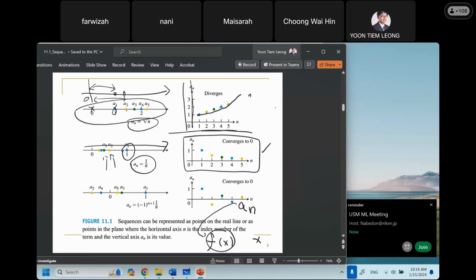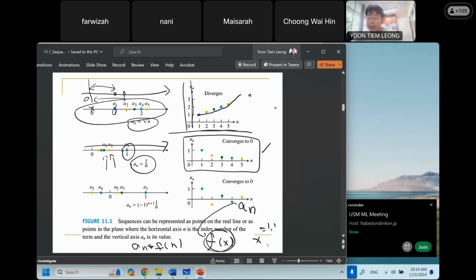But you can imagine that if you restrict x to integers 1, 2, 3, 4, then the values of the function f at only positive integers n, the values of f(n), can represent the values of the term an. So there is a loose relationship between a sequence and a function.